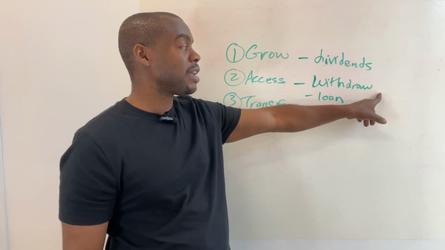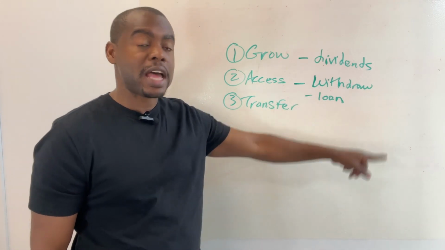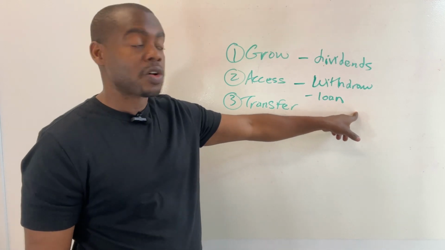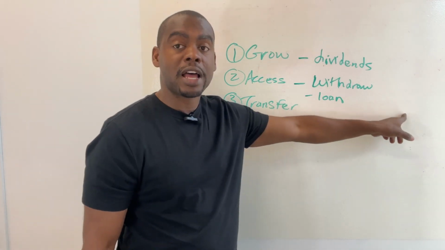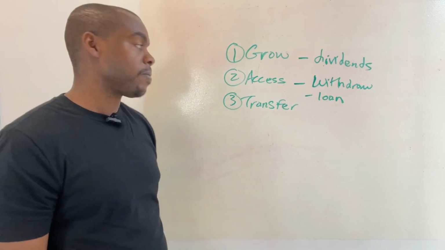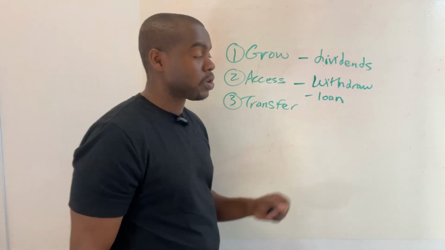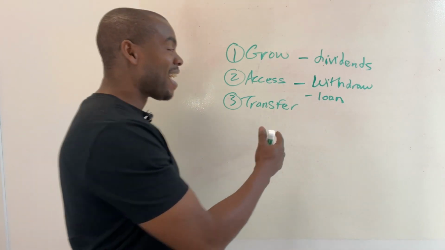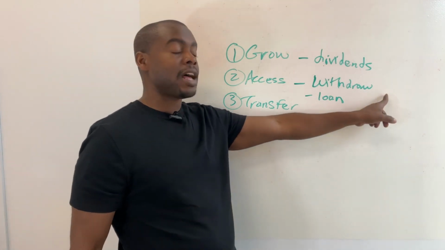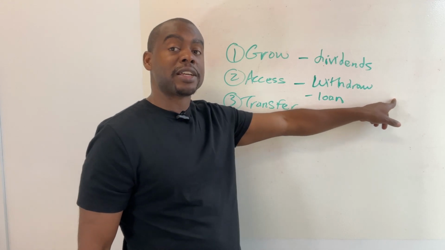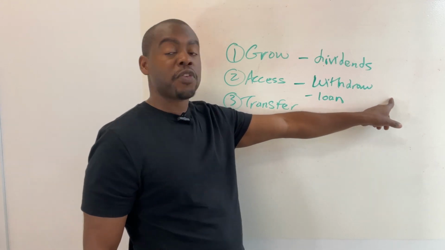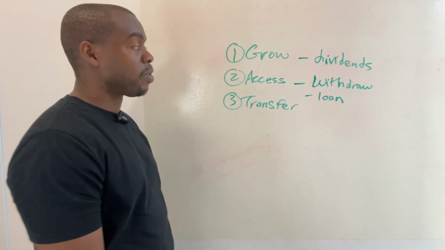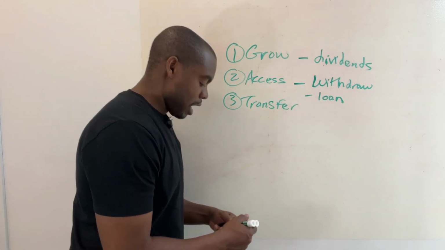So if you had $100,000 in your policy in cash value and you took out a $50,000 loan, your entire $100,000 will still get your interest credited, right, when you do it in the form of a loan. So you have a loan here, you're not paying taxes on it, and the entire cash value that you had prior to the loan will get full interest credited. So that's the smart way to access money from your policy.